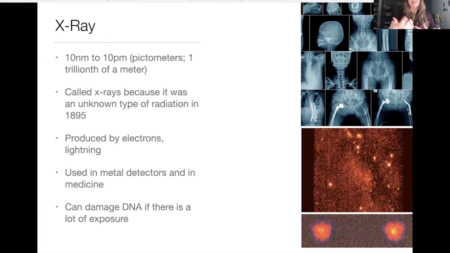And they're commonly used in metal detectors if you're going through the airport, or if you have to put something through baggage claim. They'll actually use a small amount of X-rays, not harmful for you at all, to see if there's anything on your person that is metallic, because that can be dangerous.